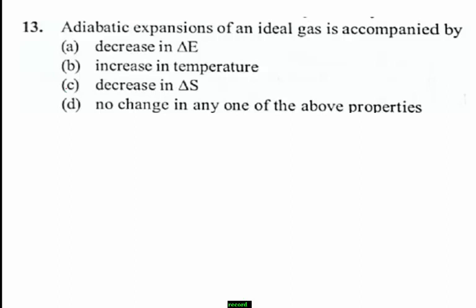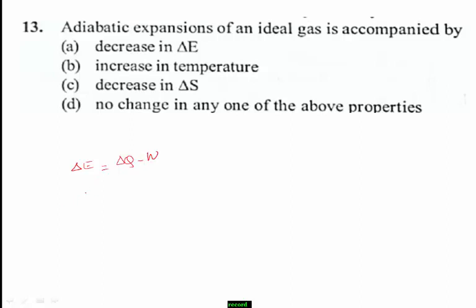Option A, decrease in delta E, means there is a decrease in the internal energy. If you want to write more about this question, the change in the internal energy is equal to the change in heat minus work done.